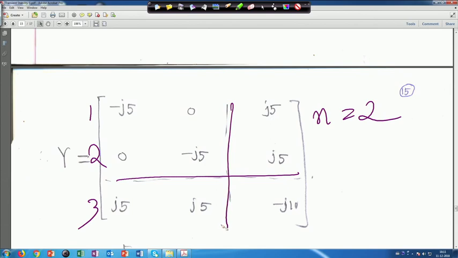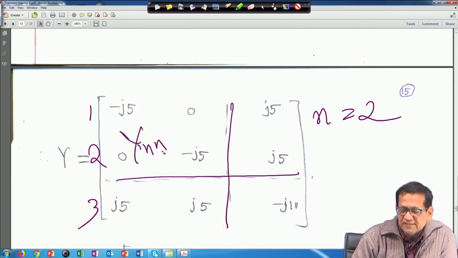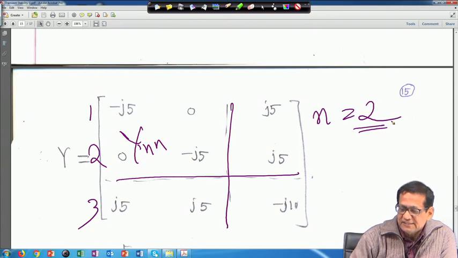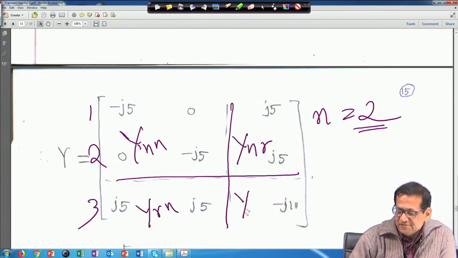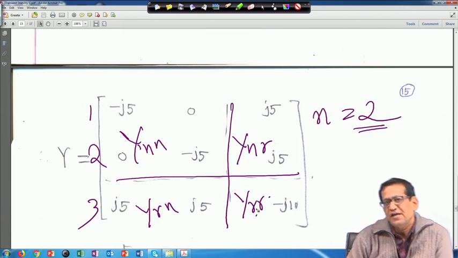That is why this is partitioned. This matrix we call YNN, where NN means 2, the number of machines. And this is your YNR, this is YRN and this is YRR. We have seen this one before.